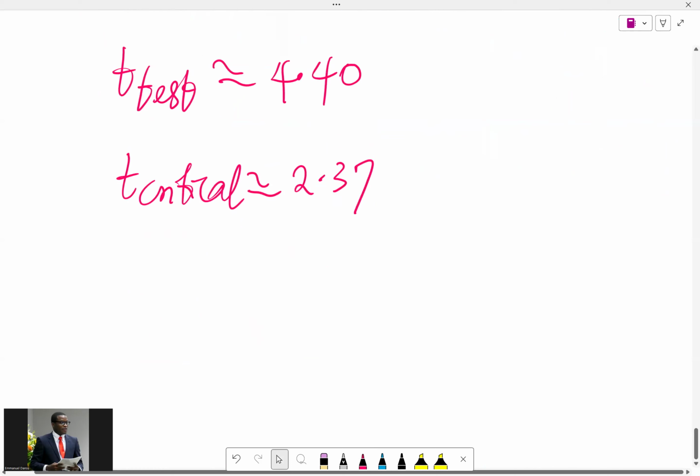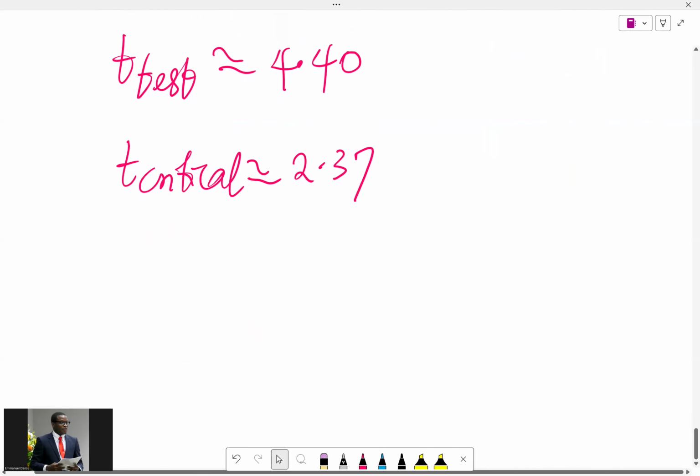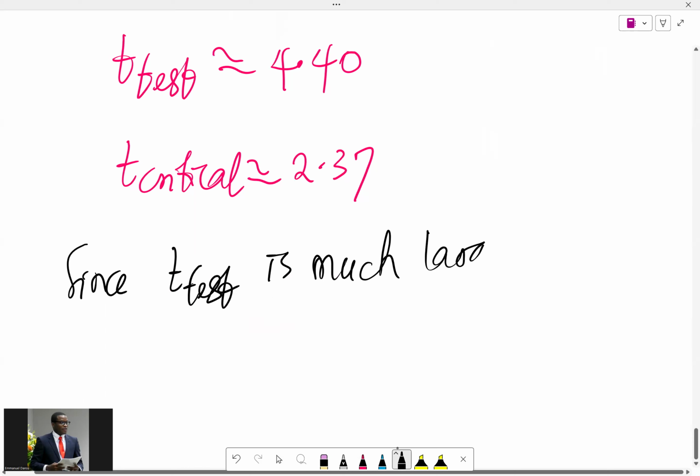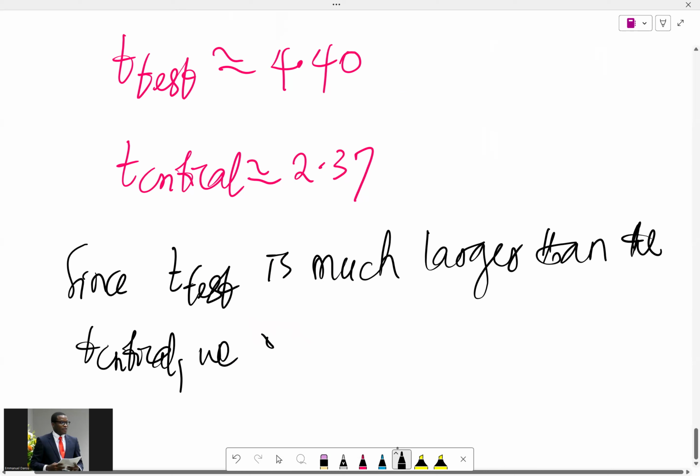Obviously, t test is greater than t critical, so that means we reject the null hypothesis. Since t test is much larger than t critical, we reject the null hypothesis.